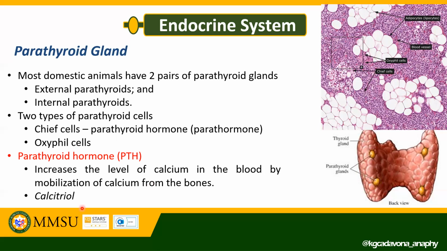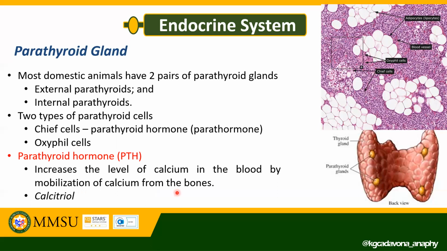Now we proceed to the hormone of this gland, which is the parathyroid hormone, or PTH, or the parathormone. It says here that this hormone increases the level of calcium in the blood by mobilization of calcium from the bones.